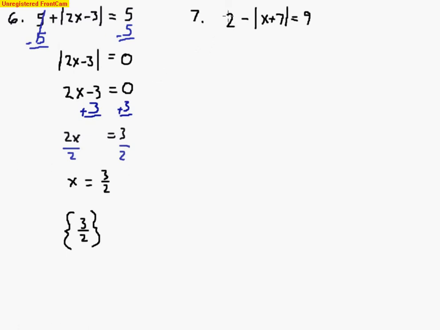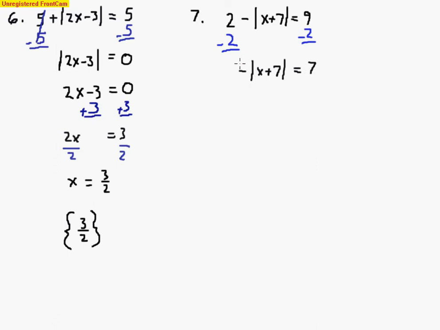This is a positive 2, not a negative. You always look at the sign in front of the term. And so I'm going to take away 2 from both sides. When I do that, I'm still left with that minus sign that's in front of the x plus 7. But this time, it now equals a positive 7.